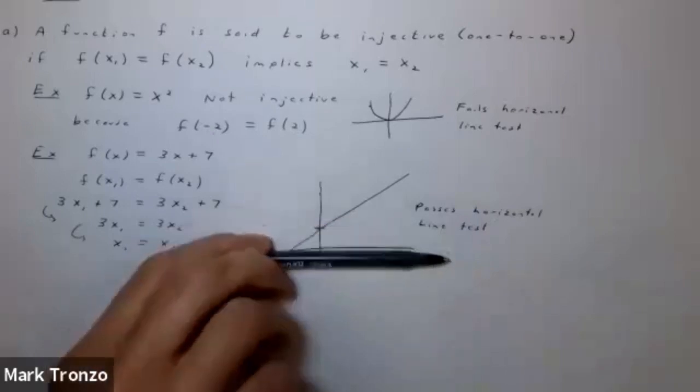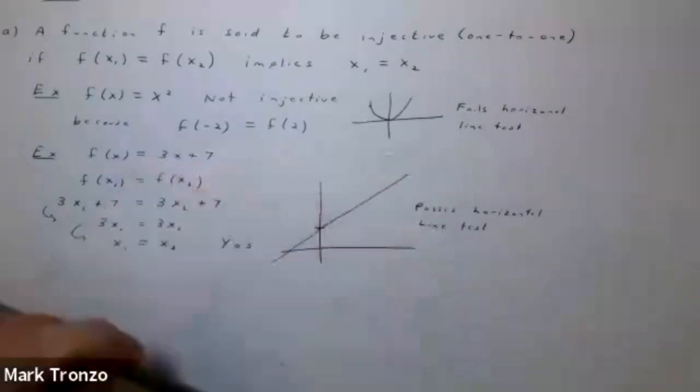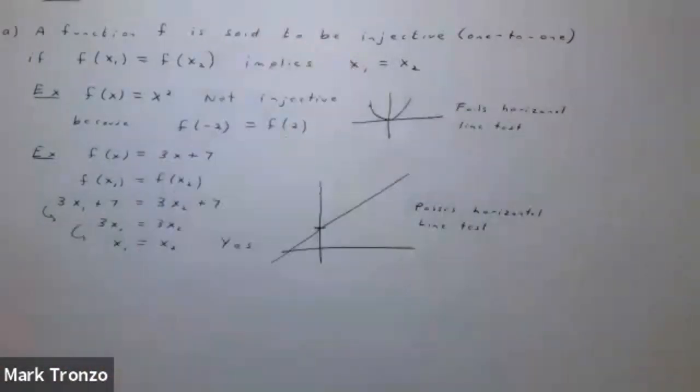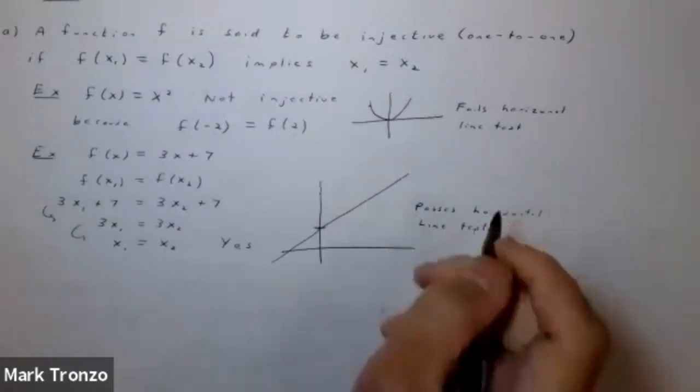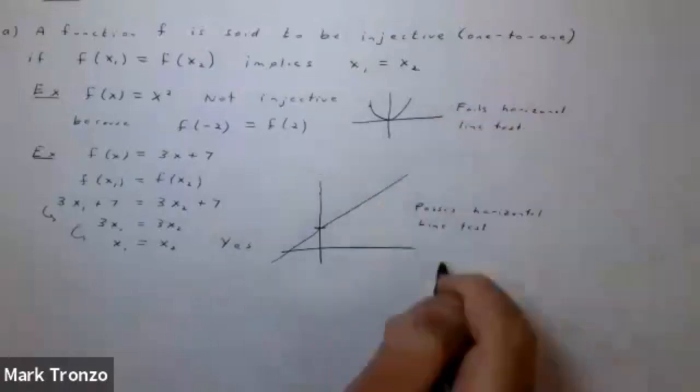Because you can put a horizontal line anywhere and you'll never cross it more than once. Here you see it crosses in multiple places. So that's another way to test that it's one-to-one. So this is not one-to-one, this is one-to-one.